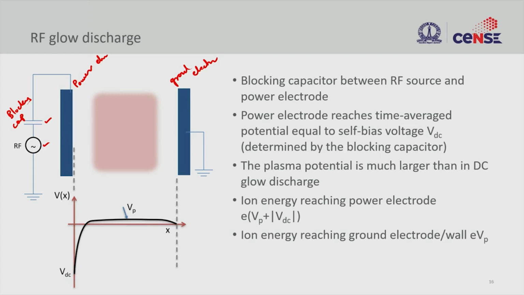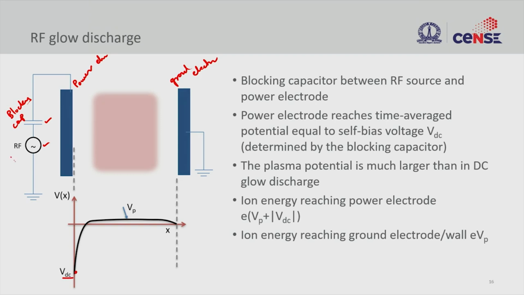But one interesting thing that you should note is the potential here, right? Initially we had VC, whatever supply voltage we had, that was the potential you had on the power plate. But now it is VDC, it's not VRF.